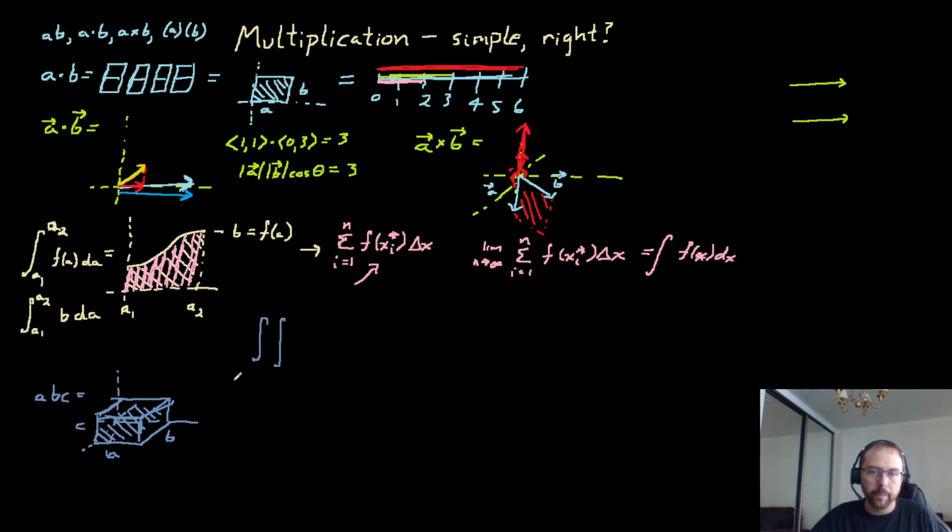And we'll go B1 to B2. I think we did A1 to A2. And we'll call this C, dA, dB. And so this is basically the same.